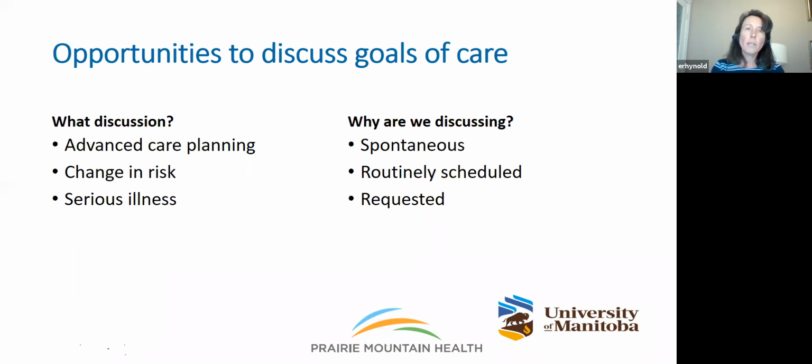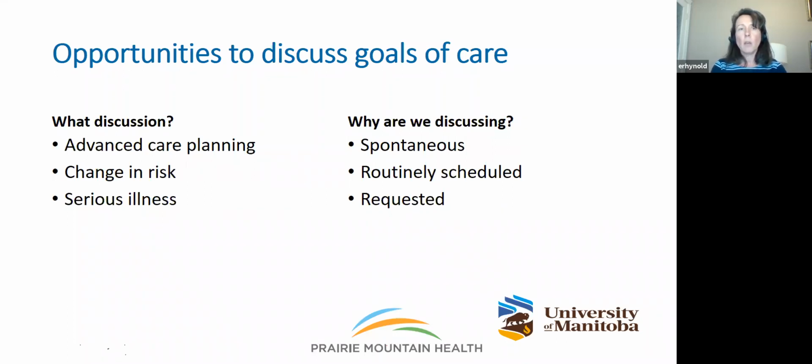As far as the opportunities to discuss goals of care, there are a number of different ways that these conversations come about, and they're often referred. Some of the strategies are the same, but there are different kinds of goals of care conversations. One very important group is advance care planning.